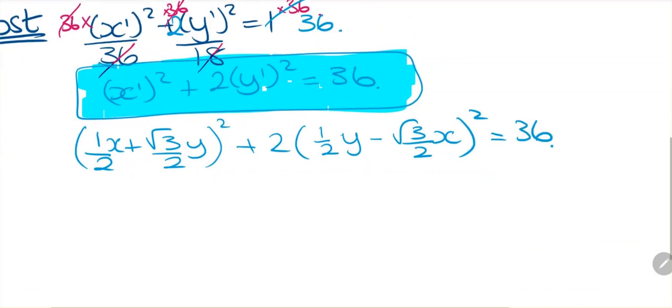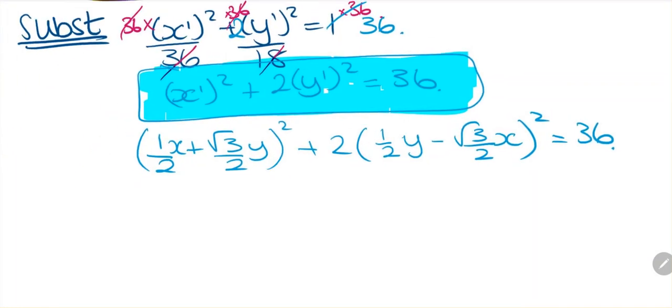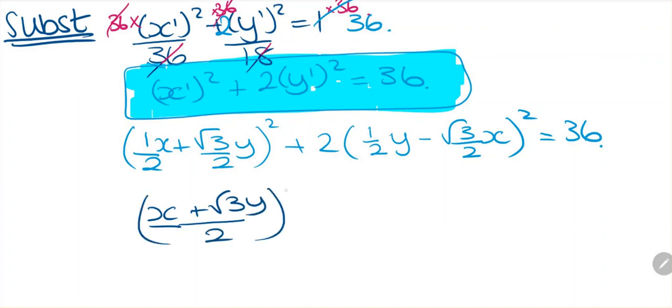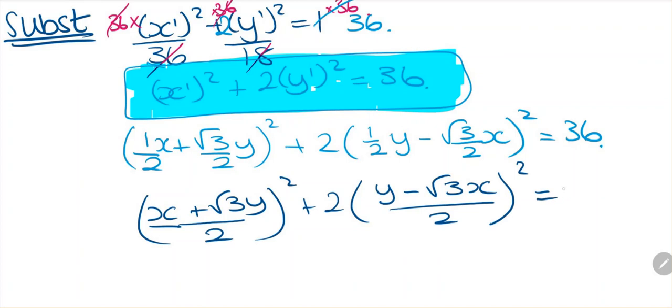So what do we need to do now? We're going to rewrite these just over 2. So we're going to have x plus root 3y over 2 squared, plus 2 times y minus root 3x over 2 squared, equal to 36. And I'm going to distribute.